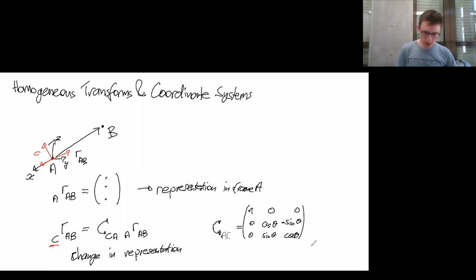Rather, we have only changed how it is represented in a different coordinate system. That's why this is often also called just a passive rotation. And this is also why we call the matrix C instead of capital R for rotation matrix, because those are sometimes used for active rotations. All right, moving on.